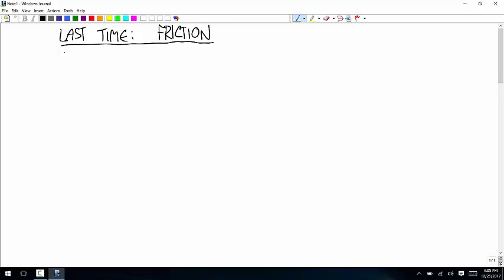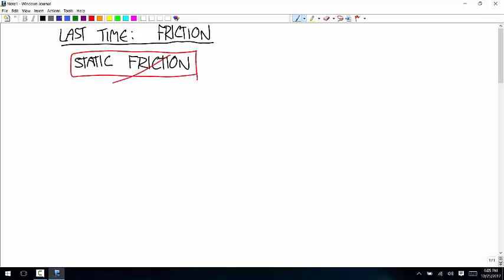If something's sliding along a flat surface, it won't slide forever. That's because of friction. So there's static friction, and we're not doing that one. And we are doing kinetic friction, so that's the friction when something's sliding.